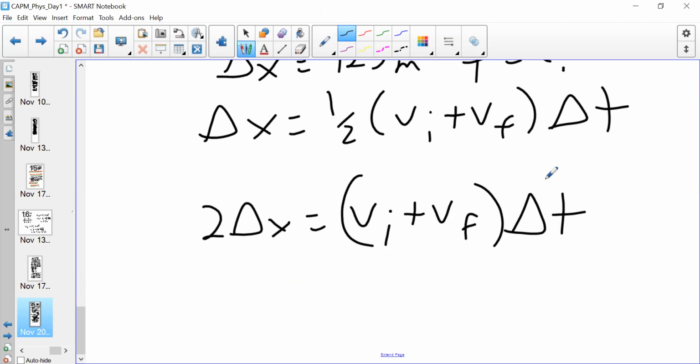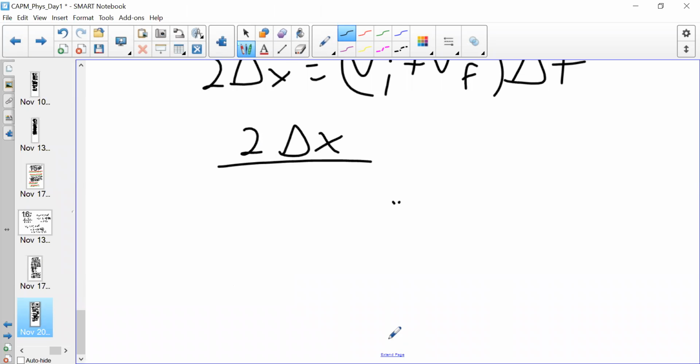And now we can just divide by VI and VF. It's always good to get your expression first. Don't put any numbers in there before you're ready. Now you've got your final expression for the variable you wish to solve for. Put in your numbers now.